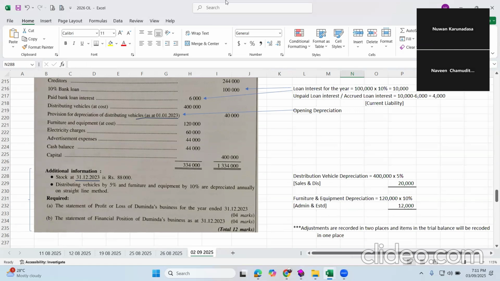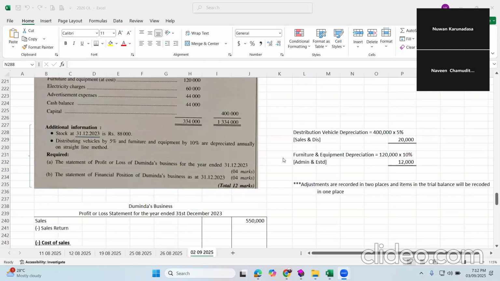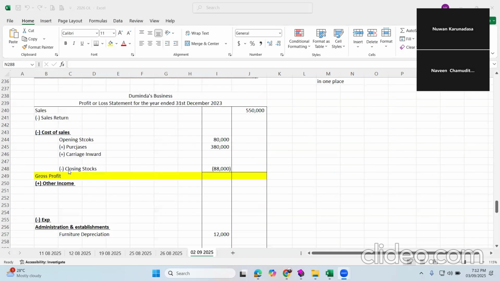How much closing stock have they given? Here closing stock is 88,000.